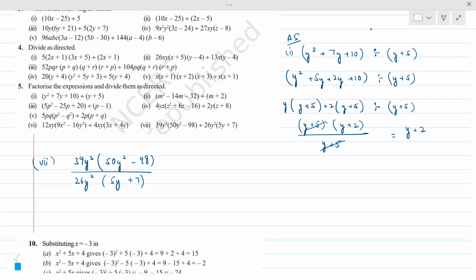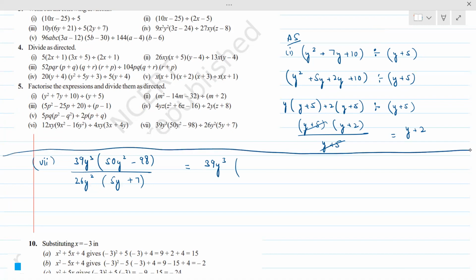We can see that 50y square, let's keep it as 39y cube. 50y square can be written as, let me just draw a line of boundary for this.